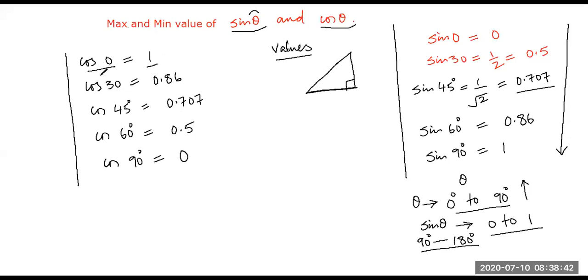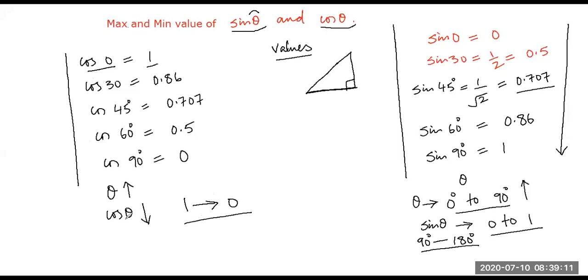And as theta is increasing, very interesting, students, the value of cos theta is decreasing, from 1 to 0. Very interesting. Sine theta, when theta is increasing from 0 to 90, is also increasing from 0 to 1.